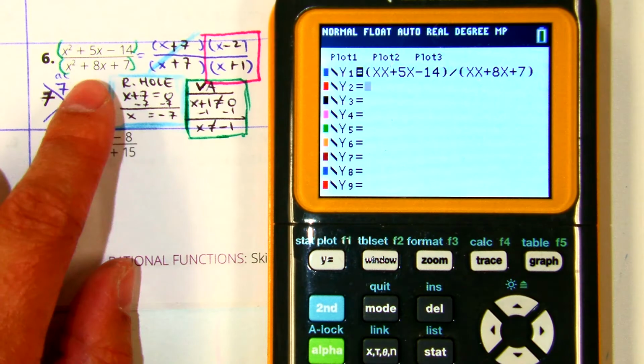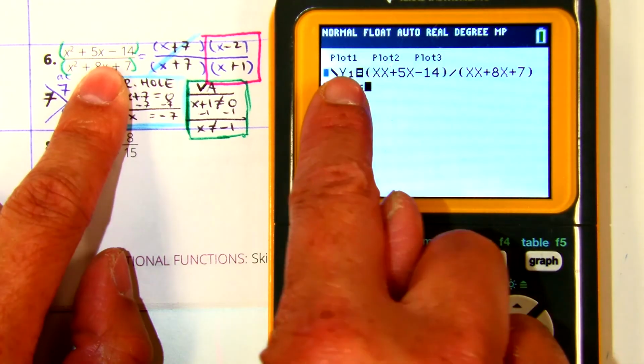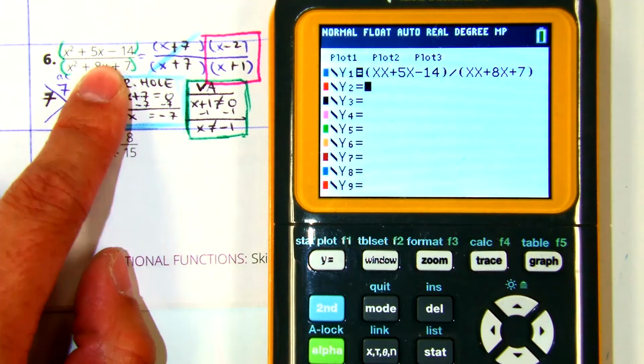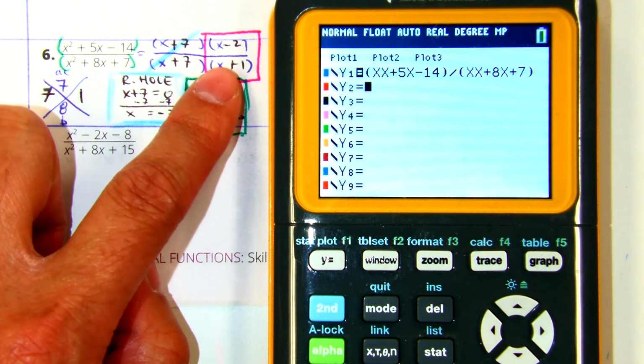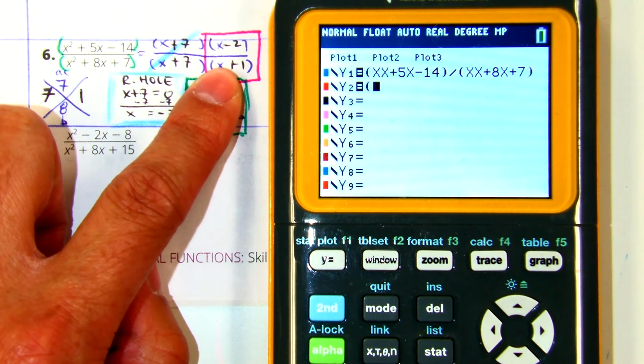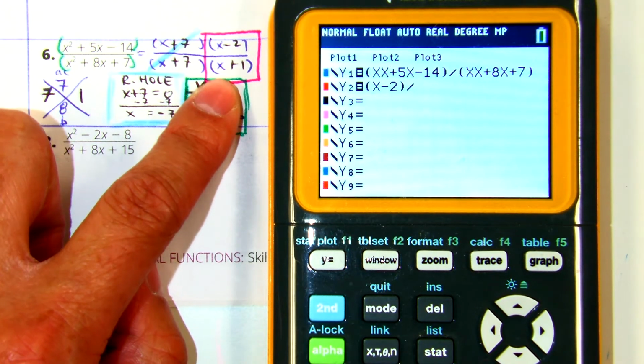So I just graphed that one. That's the first function. Mine is going to show up in blue. And then the second one, I'm going to do the same thing. Parentheses x minus 2 divided by x plus 1.